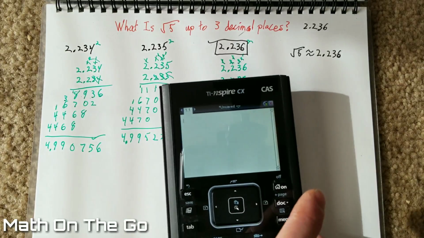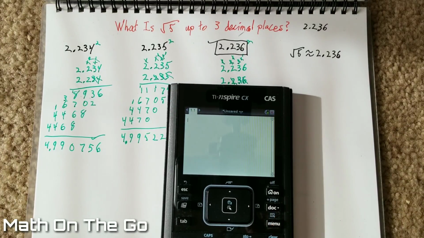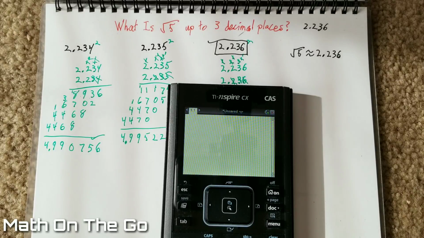So for the fun of it, let's see how fast a calculator can do it. This is my TI-Nspire CX CAS. And let's see. Square root of 5. Let's see, here we go.